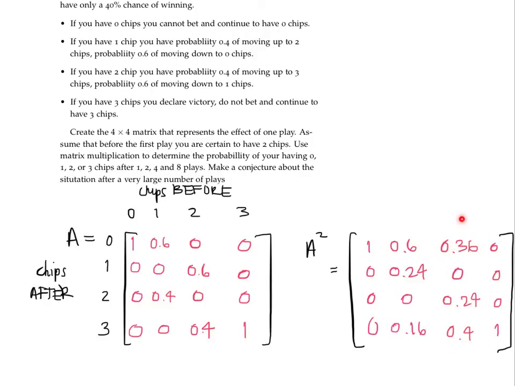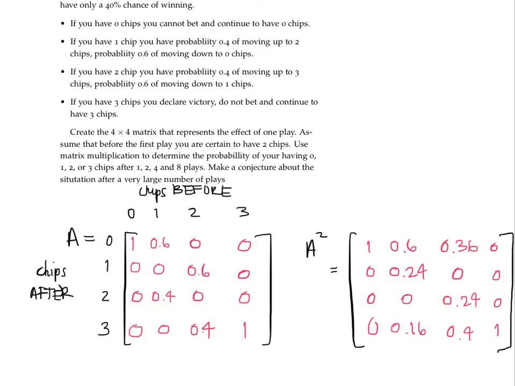If we started with 2 chips, and then after 2 rounds of play, what this is telling us is that we have a 0.36 probability that we'll have no chips. That's pretty high. We have a 0.24 probability that we will have 2 chips. Basically, we gained 1 and then we lost it. And then a 0.4 probability that we'll have 3 chips.